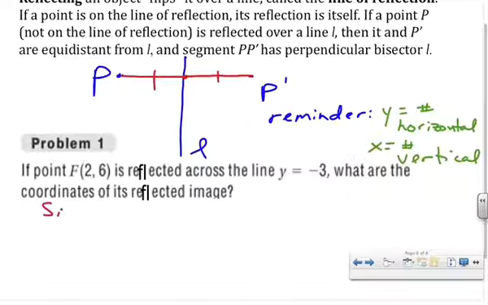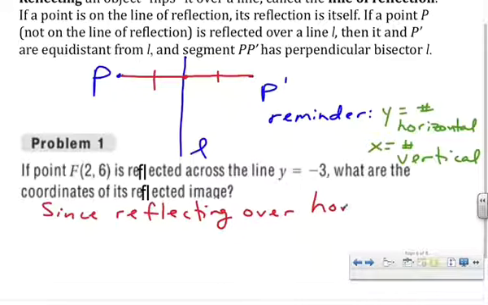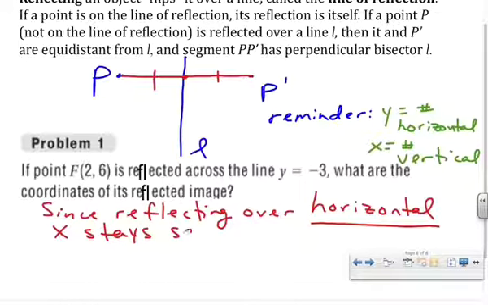So since we're reflecting over horizontal, x stays the same. So I know my point is 2 comma something. And then I've got to figure out what that 6 is going to turn into. Remember what I told you up here.